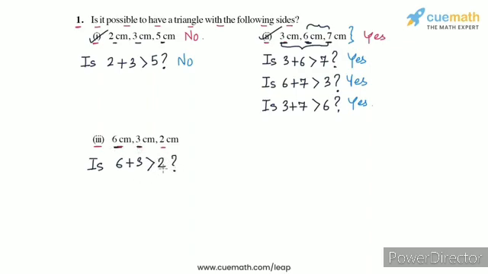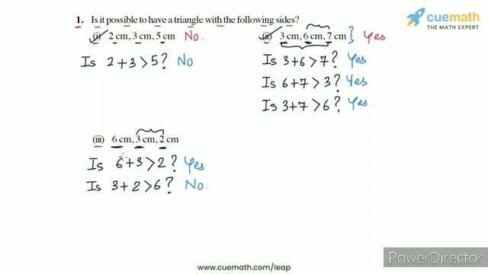And 6 plus 3 is 9 and 9 is greater than 2. So the answer is yes to this. Then we check if the sum of the second and the third one is greater than the first one. So is 3 plus 2 greater than 6? And 3 plus 2 is 5 and 5 is not greater than 6. So the answer is no to this case.